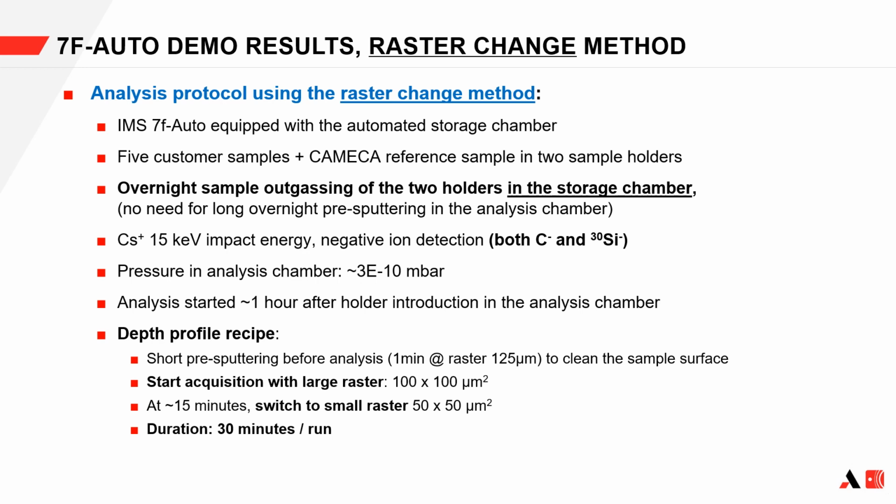For the first 15 minutes, the analysis was run on 100 micrometer raster size, and after about 15 minutes, we changed the raster size to 50 micrometer. Under this condition, the analysis proceeded for an additional 15 minutes. Thus, the total analysis time took about 30 minutes.